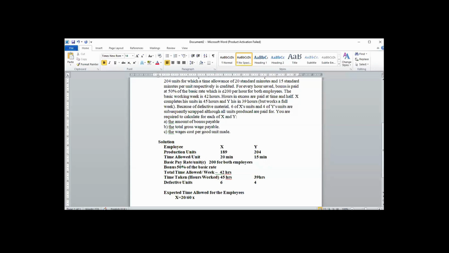How many hours are you going to use to produce the entire 500? You are spending 500 hours to produce the units. The same thing applies when you are using minutes. Is that clear?